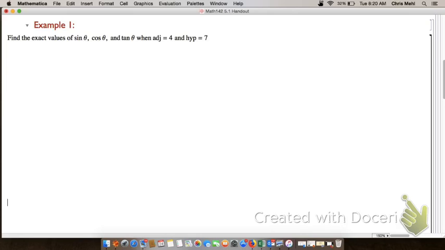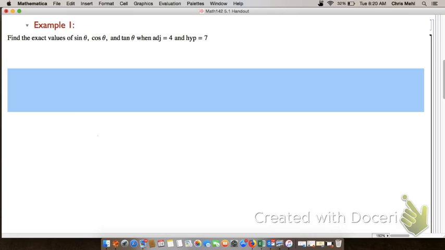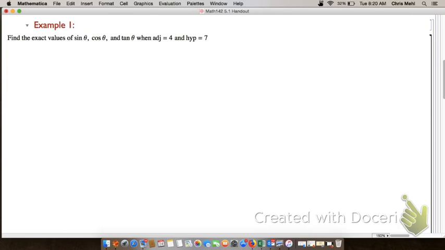So first thing, now that we know what we're looking for, we can go ahead and draw a right triangle, and we'll label that with the given information. So here's my right angle and my right triangle, and actually I don't like my triangle.